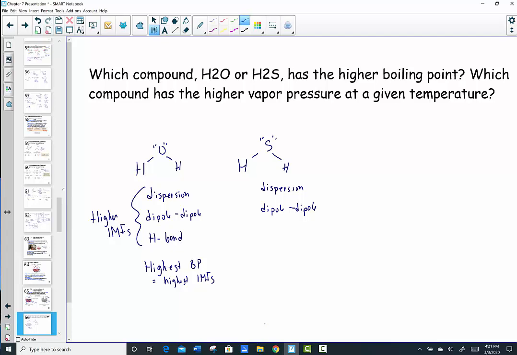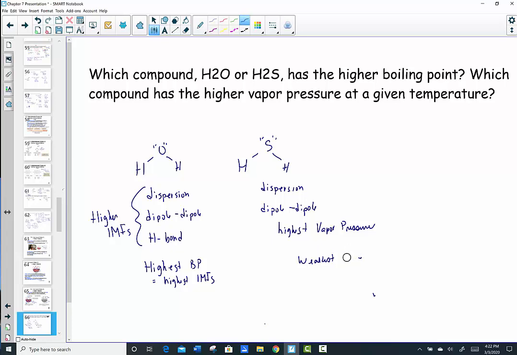Who has the higher vapor pressure? Well, that's H2S, because with the weaker intermolecular attractions, the molecules can escape the liquid phase and form a gas.